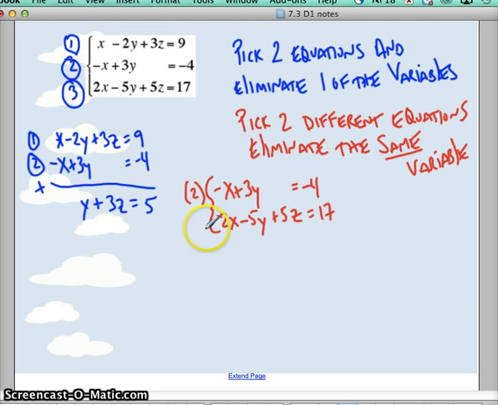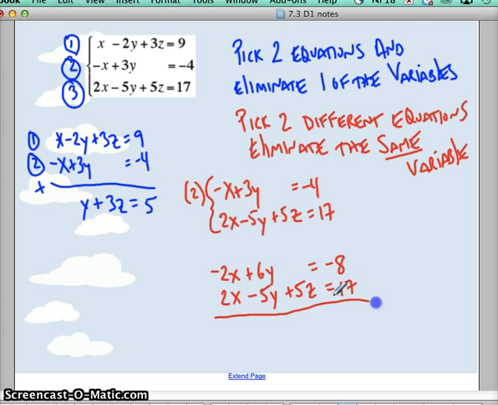Okay, I'm trying to make it look nice. So the top equation is now going to be negative 2x plus 6y equals negative 8. The bottom equation I'm going to leave. Okay, and that'll be a 17.